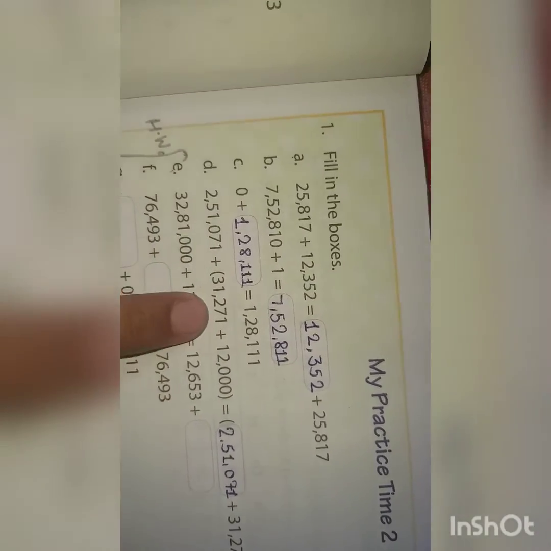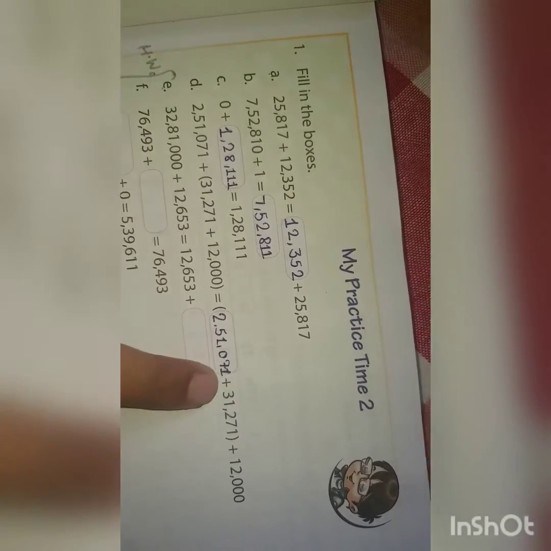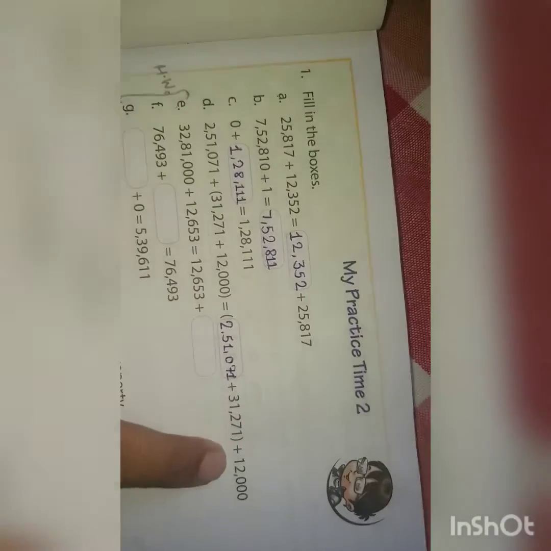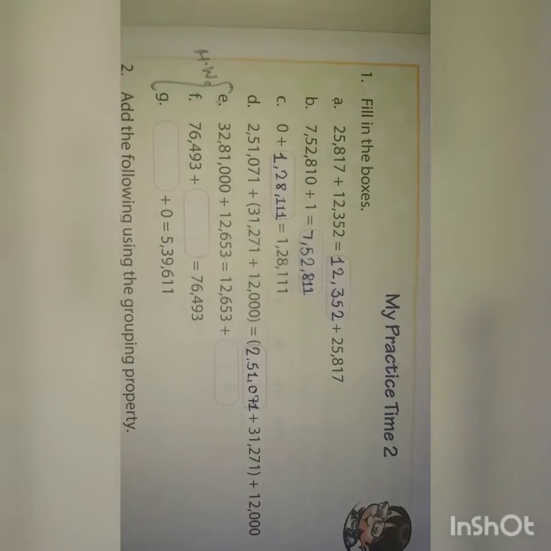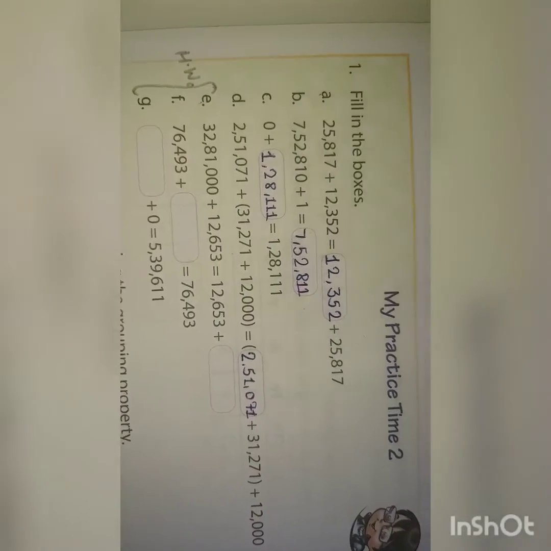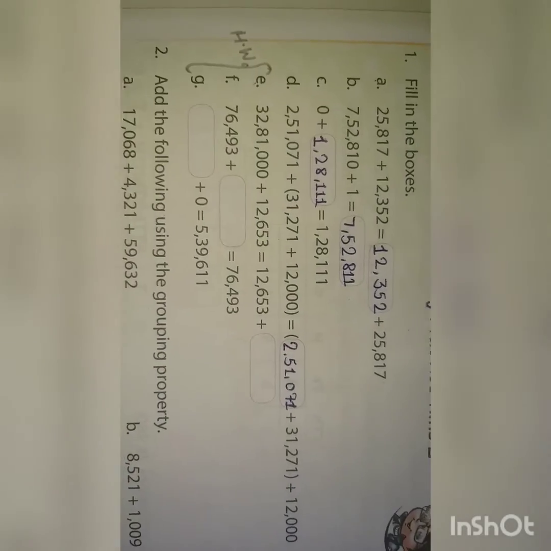In the first expression, they have taken second plus third as a group, and here first plus second will be the group, plus third number. So in the grouping property, even if the group or the order of the numbers has been changed, the answer is not going to change. So here we are going to write 2,51,071.